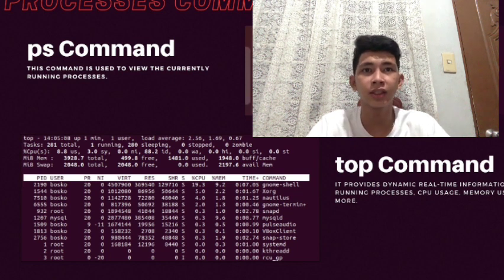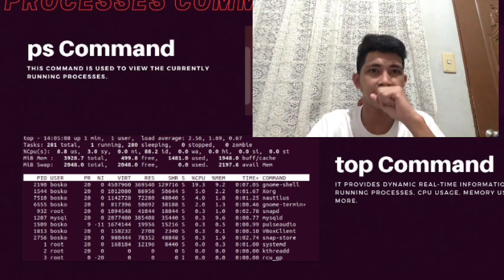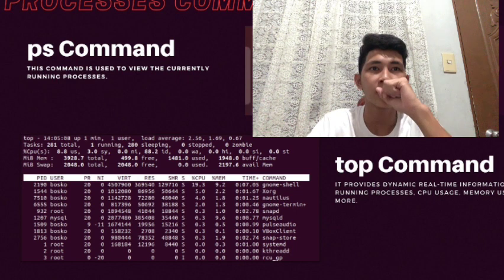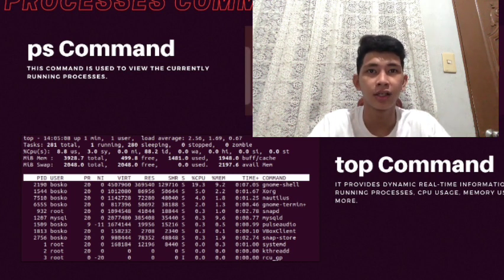CPU describes the activities that the CPU is performing. US stands for the percent of the CPU being used for user processes.